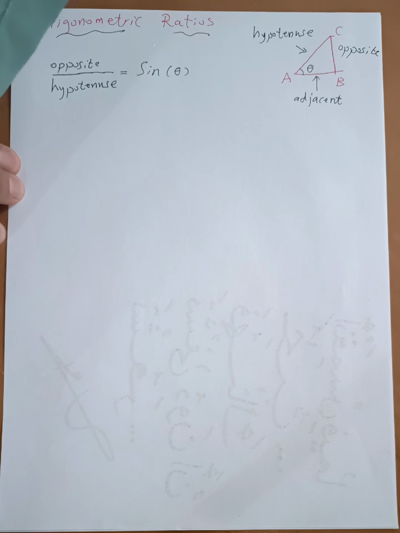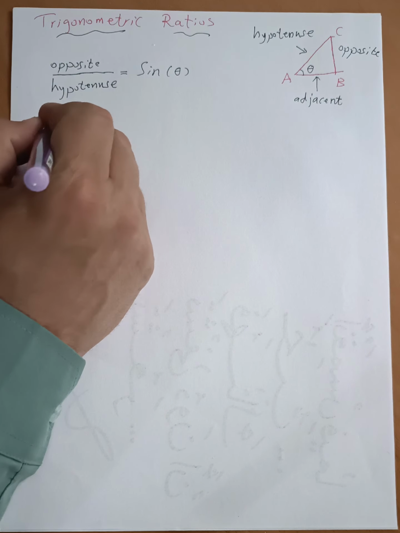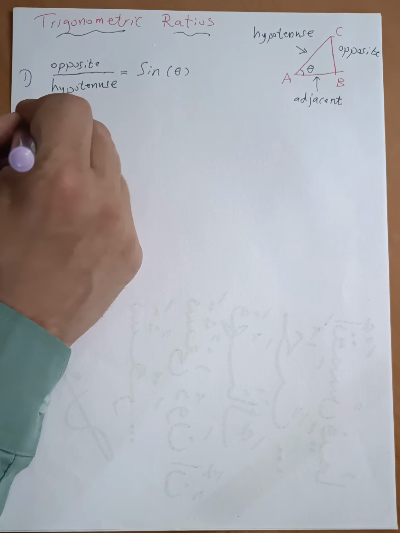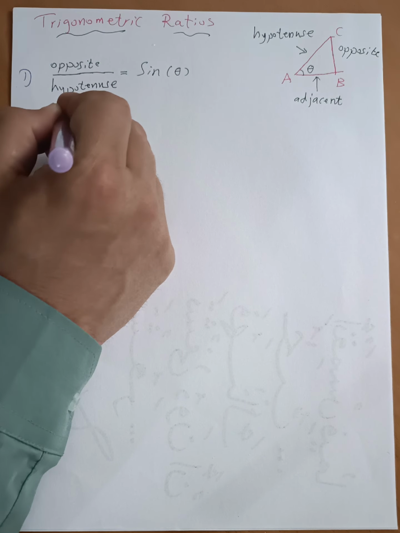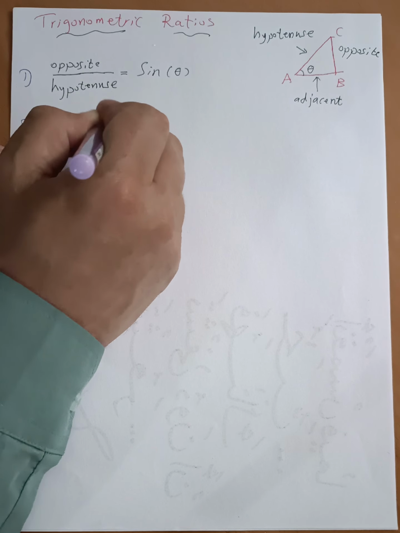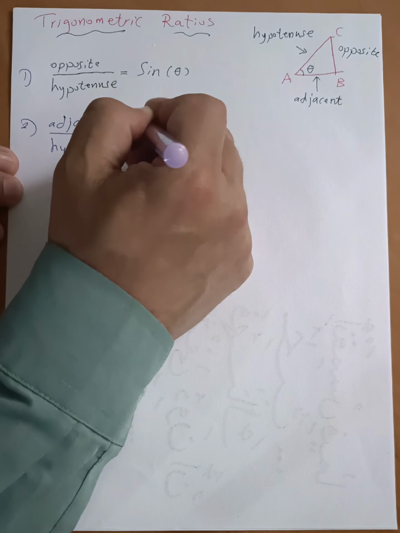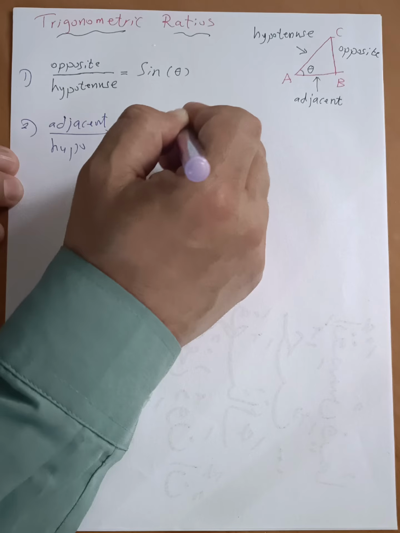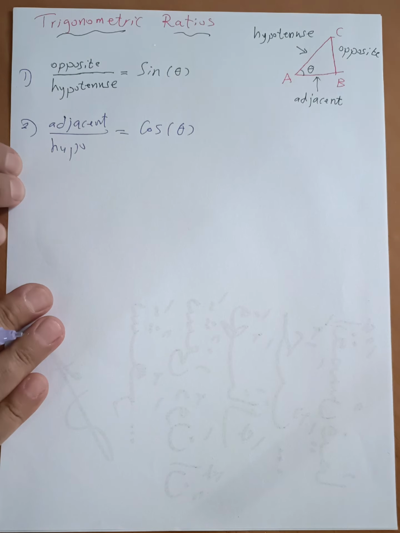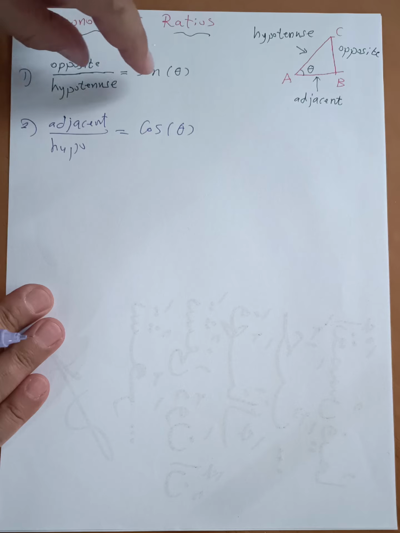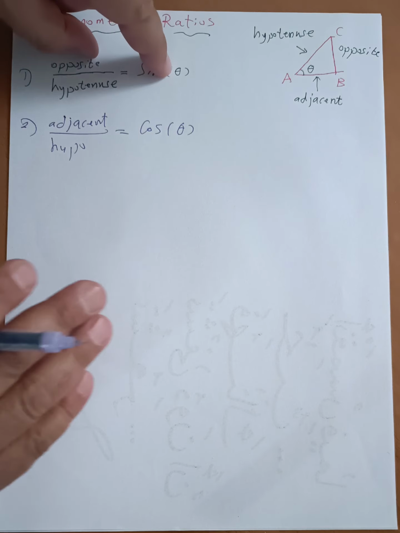Now, if I divide the adjacent by the hypotenuse, I call this ratio cosine of theta. Do not ever forget, when I divide the opposite by the hypotenuse, I get the sine. Keep it well.